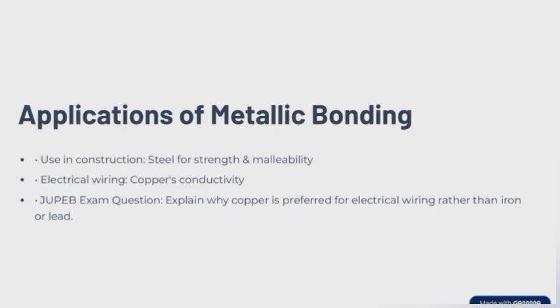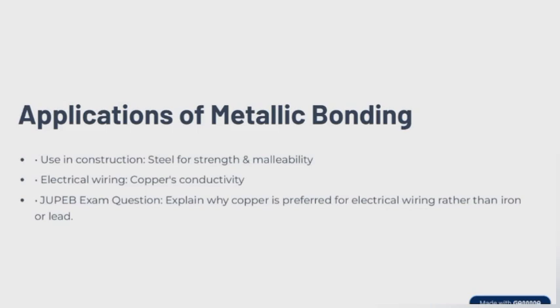If you check your first transition elements, where we have scandium, titanium, vanadium, chromium, manganese, iron, cobalt, nickel, copper, copper has more electrons than iron. Because of the presence of more electrons, it has more electrons that move around, meaning it is able to conduct more electricity.